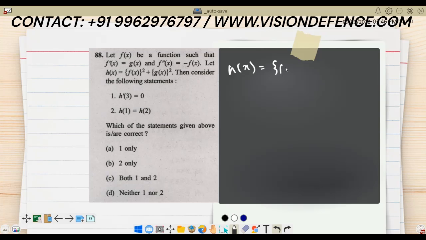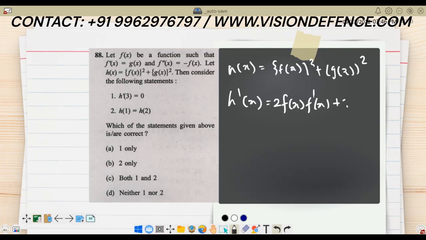h of x is equal to f of x square plus g of x square. Now h dash of x will be equal to 2 into f of x into f dash of x, plus 2 into g of x into g dash of x, right? So f dash of x can be written as g of x.